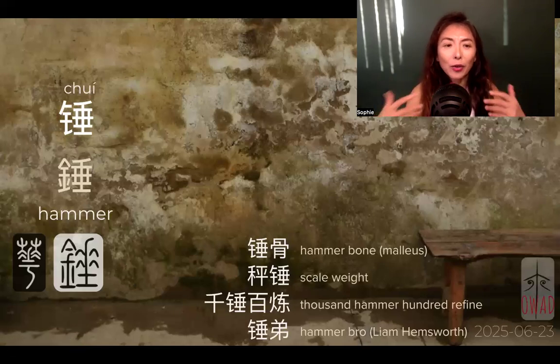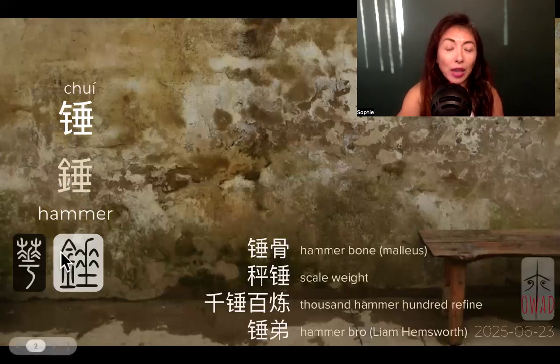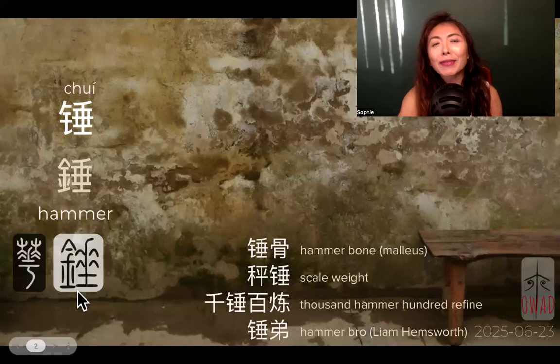The Chinese created simplified and traditional forms that render it almost the same, except the traditional still keeps the details of the metal on the left side. So that's 锤: hammer, something made of metal and something related to faraway land, or the border or the frontier, and the dropping, dripping sense.